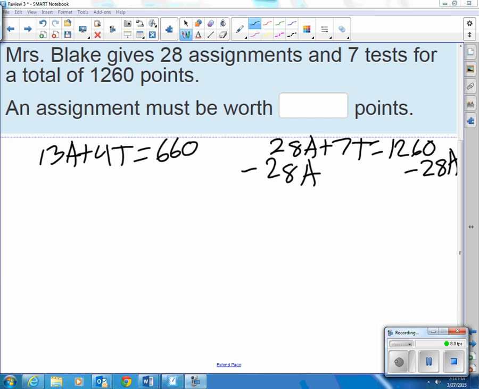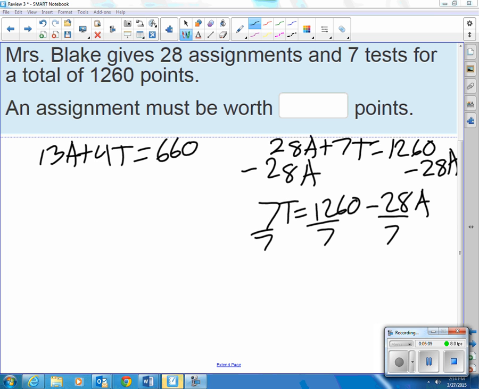So 7 tests are worth 1,260 points minus whatever 28 assignments are worth. So one test would be worth 1/7 of that. One test is worth 180 minus 4 of whatever an assignment is worth.